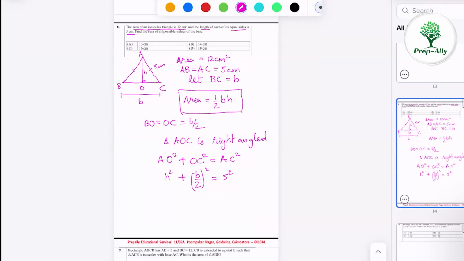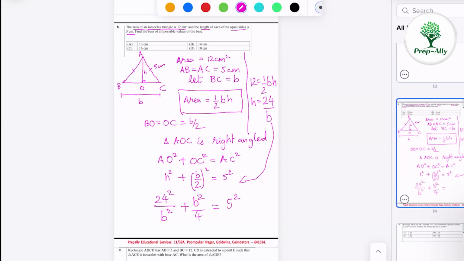And from the area here, we know the area, right? What's the area? So 12 is equal to half BH and H is equal to 24 by B. And we can put this in this equation and we get 24 square by B square plus B square by 4 equals 5 square.